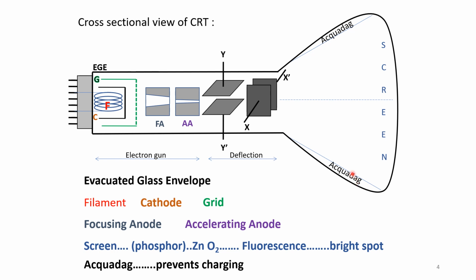In general, this complete cathode ray tube may be divided into three different parts. This is the electron gun portion or the gun region, and then the deflection region, and then this is the third one, namely this.